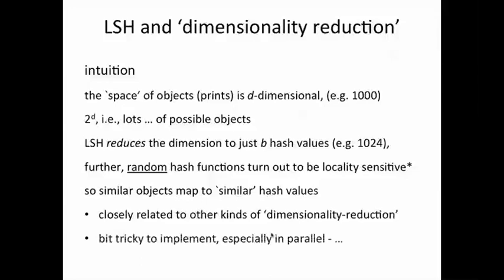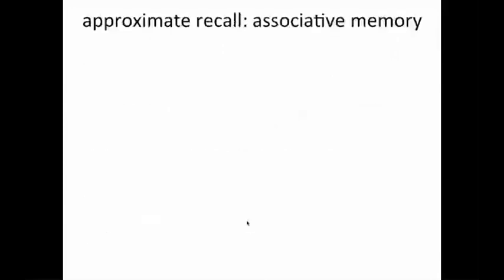A caveat though, implementing LSH can be a bit tricky, especially in parallel. That's something we're going to look into during our discussion on big data technology and MapReduce. Let's return now to our hidden agenda about trying to understand something about human memory from all the techniques that we have been studying.